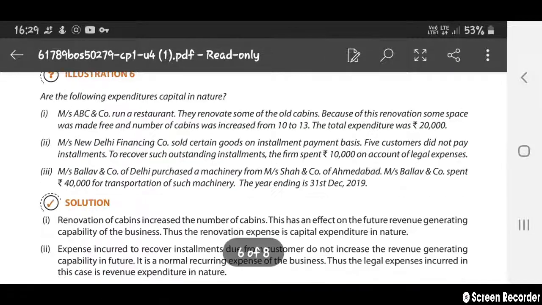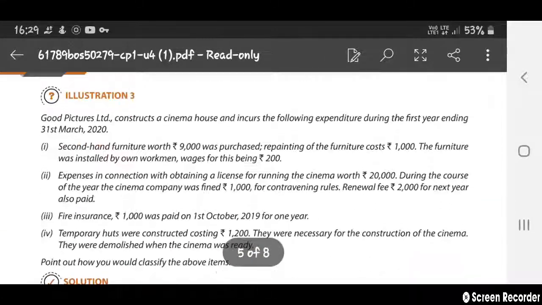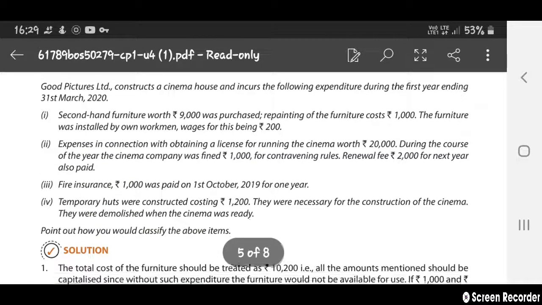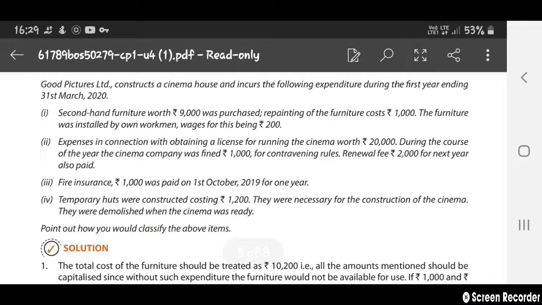Next, here are some more illustrations. Illustration 3: second-hand furniture worth rupees 9,000 was purchased. Repainting of the furniture cost 1,000. The furniture was installed by own workmen, wages for this being rupees 200.